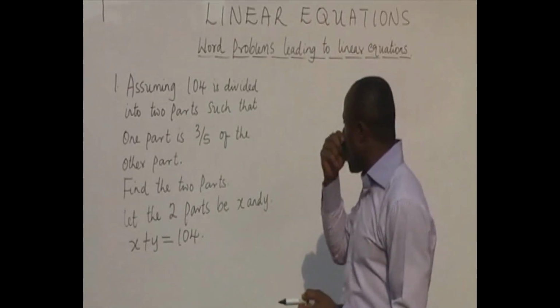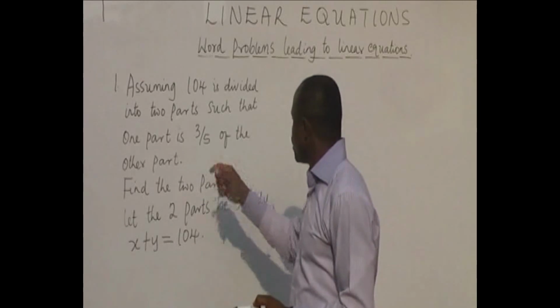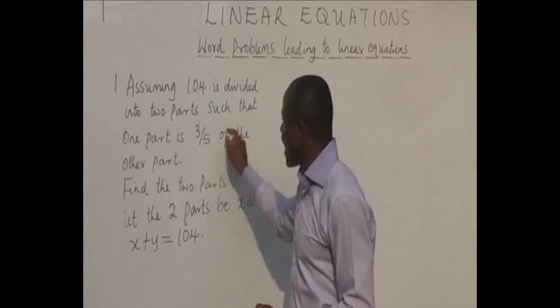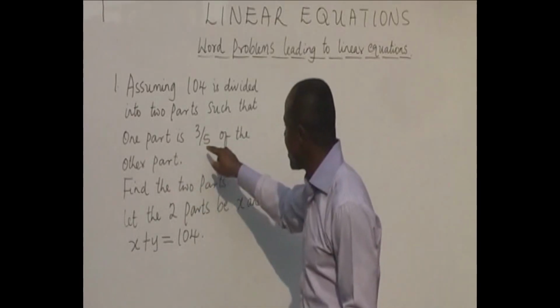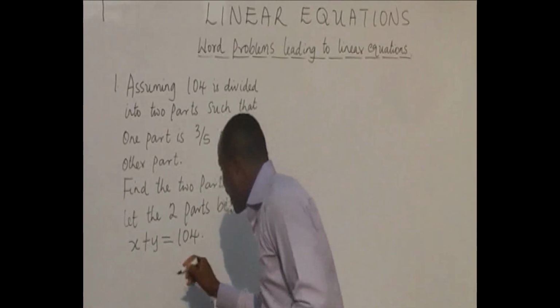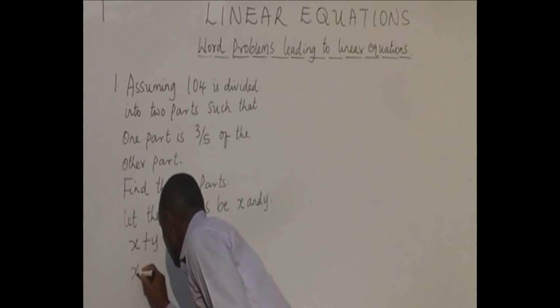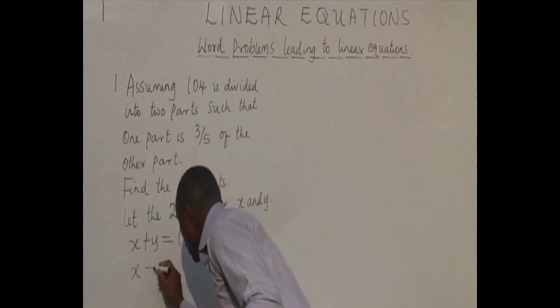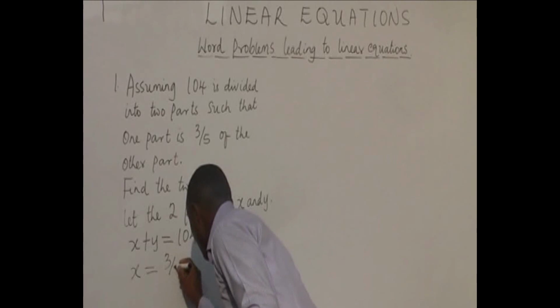Then the question went on and said that the division was such that one part is 3/4 of the other part. Let's assume that X is one part and is equal to 3/5.